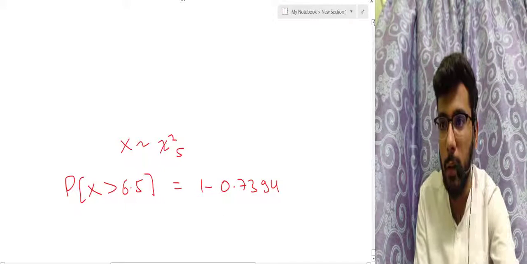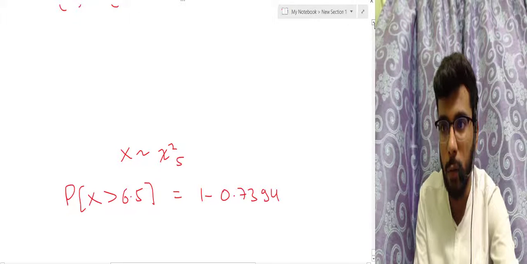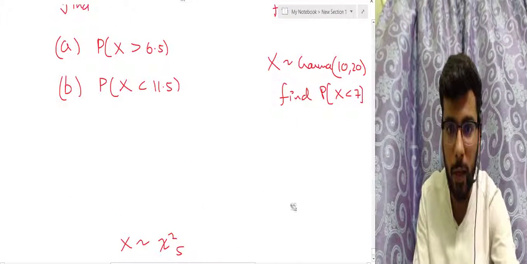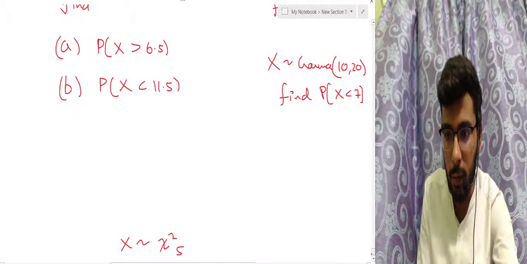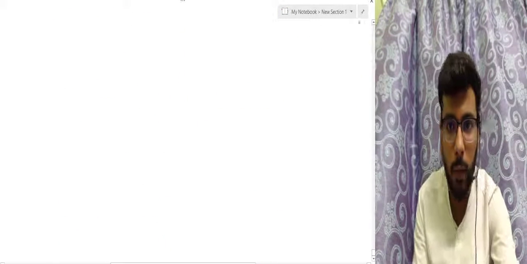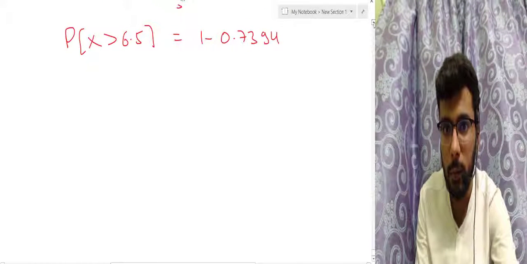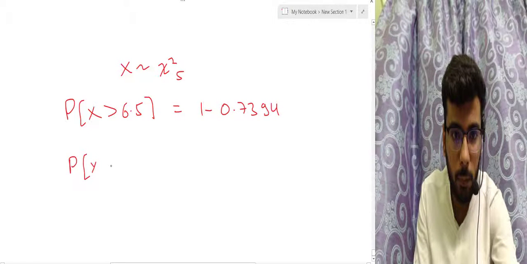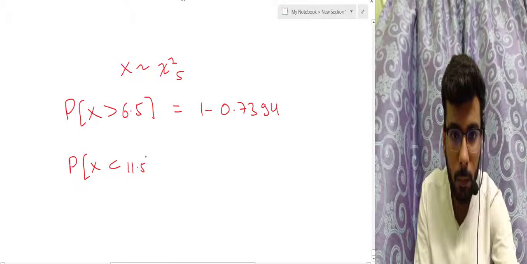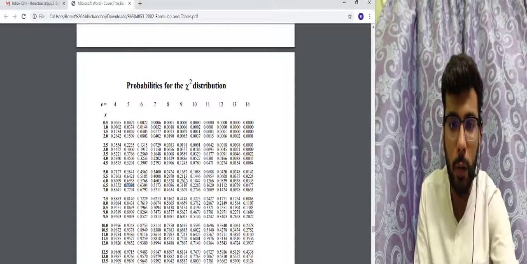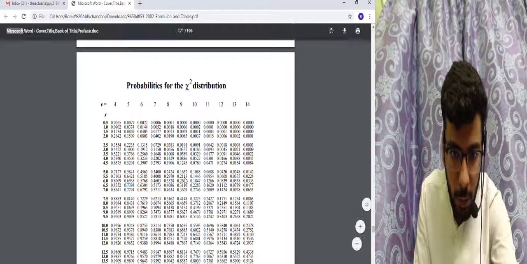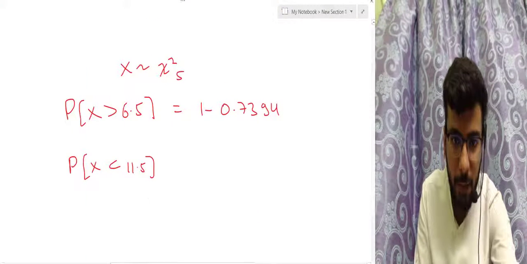Okay, what is the other part? I'll write the answer of both of them together. So this is how it works. The other part is less than 11.5. So probability x is less than 11.5. Here the 11.5 value is also given, 0.9577.